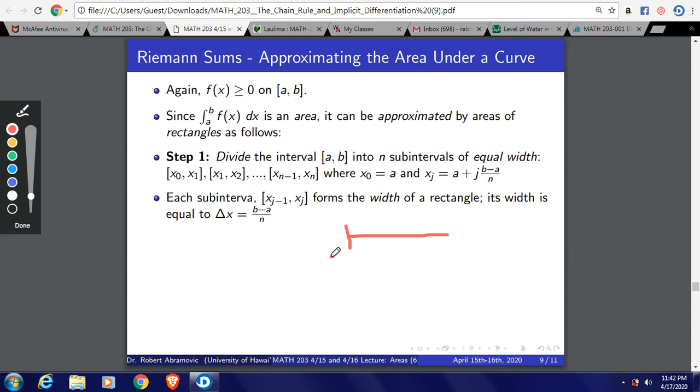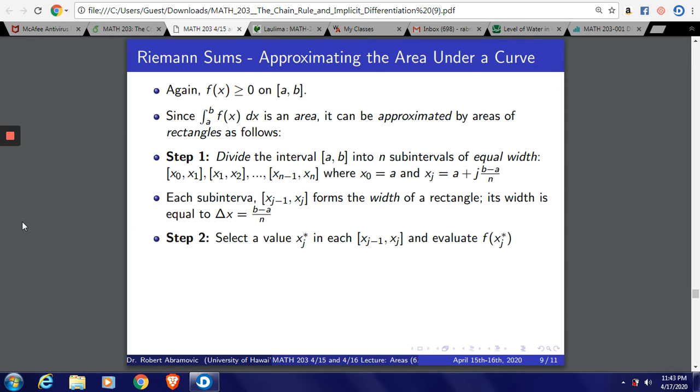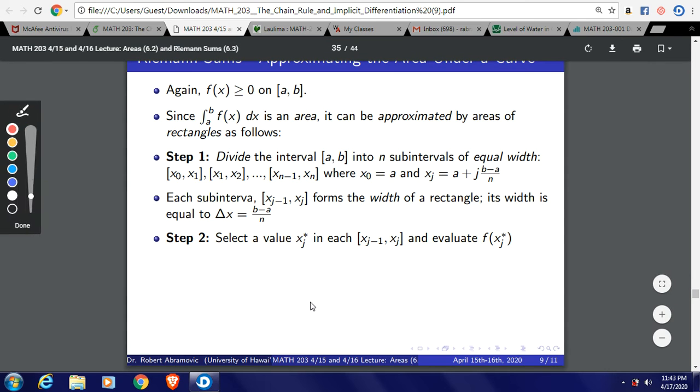So if you look at this interval from a to b on the number line, and we have this subinterval, we're going to construct a rectangle above it. And that rectangle is going to approximate the area under the curve. We're going to select a value, xj star, in that interval.